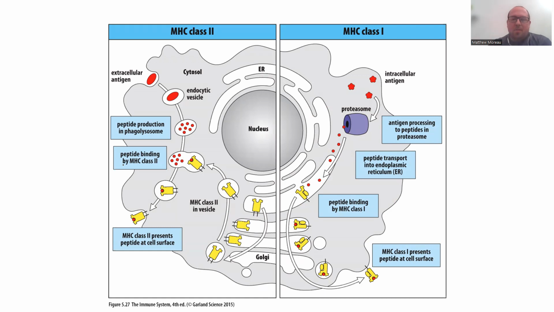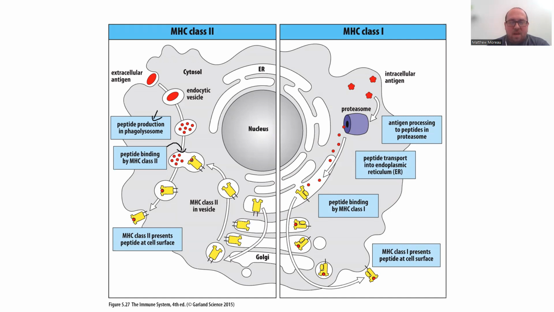So again, it's important that MHC class 2 works in this particular way, because it needs the breakdown of this endocytic vesicle through the production of the phagolysosome. The phagolysosome can both acidify the endosome and introduce new peptidases and proteases that help break these down into amino acid chains and hopefully into small peptides.